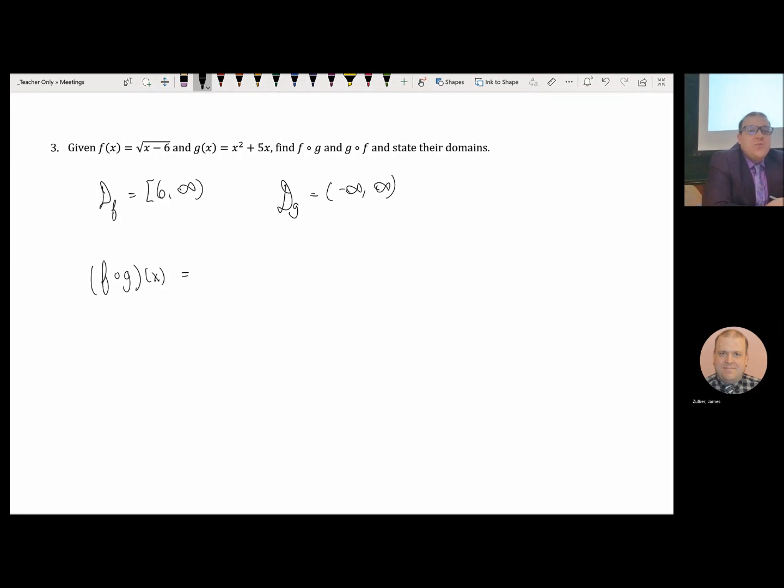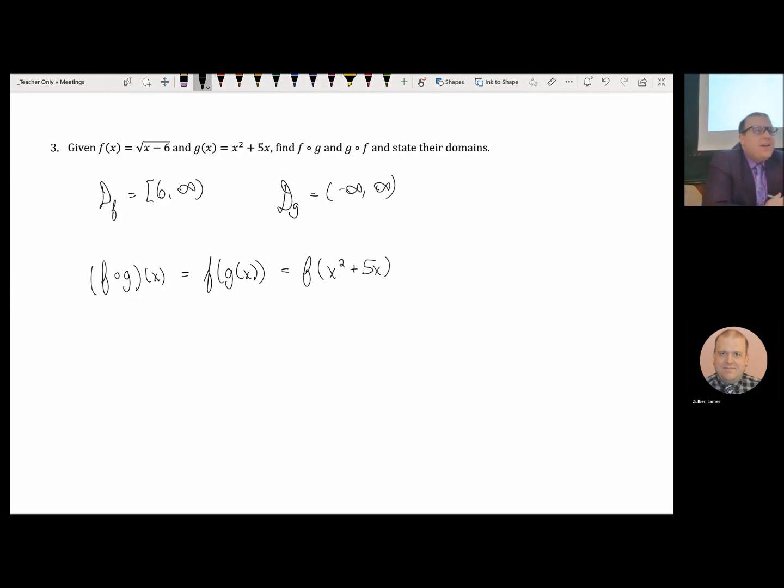This operation is also very simple. It's f of g of x. Well, g of x was x squared plus 5x, right?